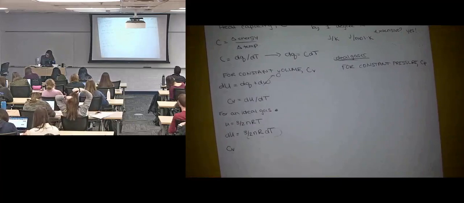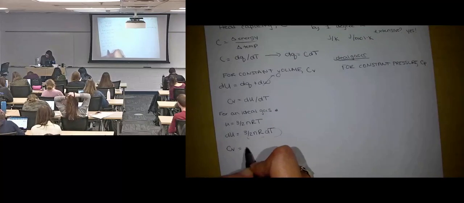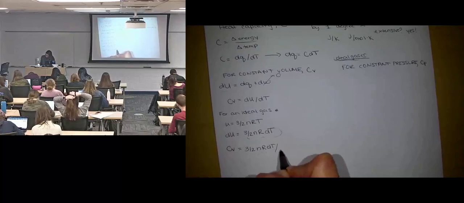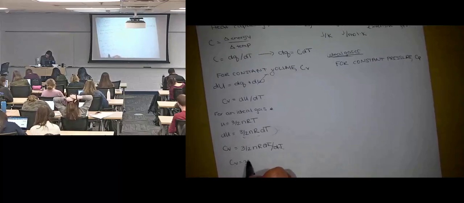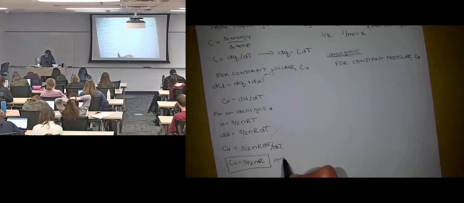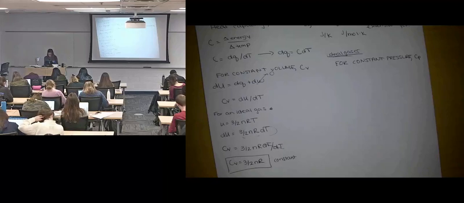Our constant volume, or isometric, heat capacity is equal to 3/2 nR dT over dT. So this is going to drop out, and we have 3/2 nR. It's a constant, but it depends on the number of moles of gas you're talking about. Okay? But our heat capacity for an ideal gas is a constant.